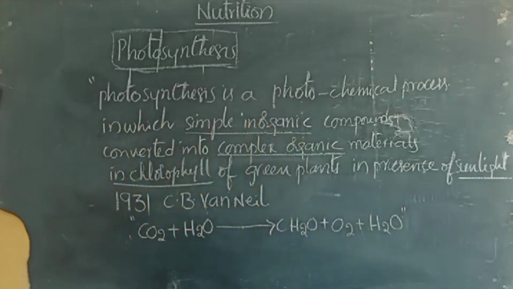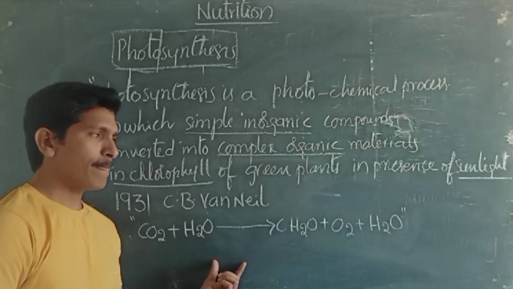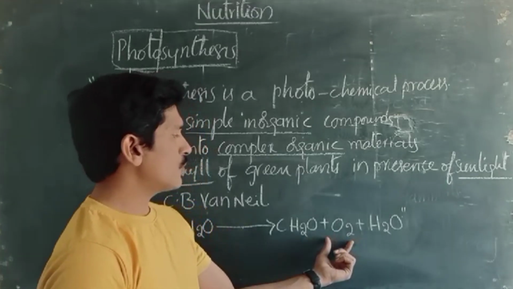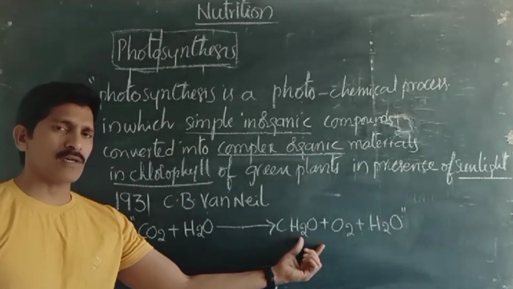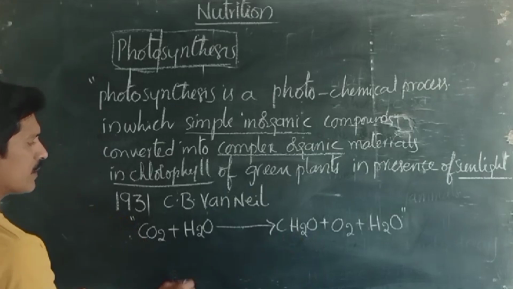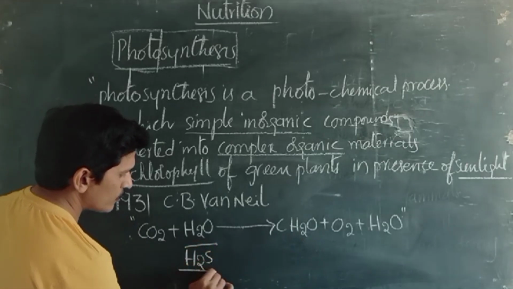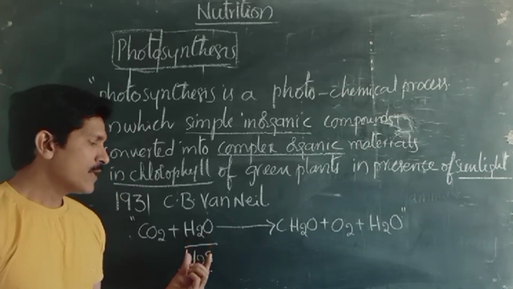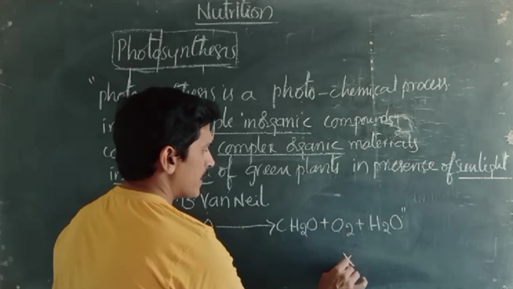C.B. Van Niel initially did this experiment to know how oxygen is liberated. During the process of finding out the facts of liberating oxygen, he used H2S in place of H2O. Hydrogen sulfide he used instead of H2O. Whenever he used H2S, oxygen was not liberated.